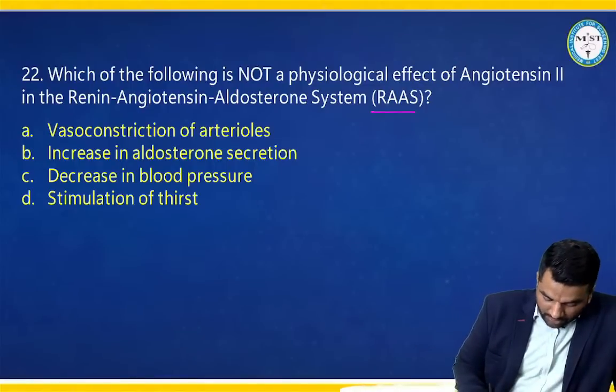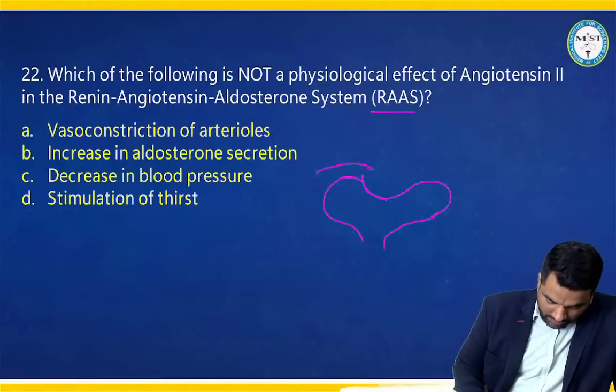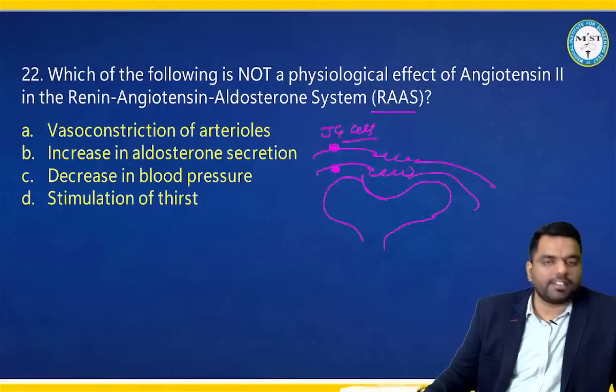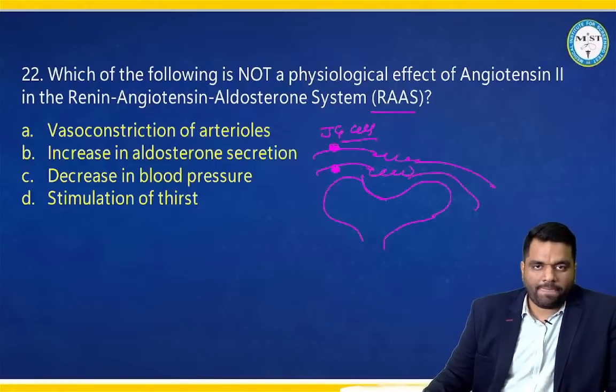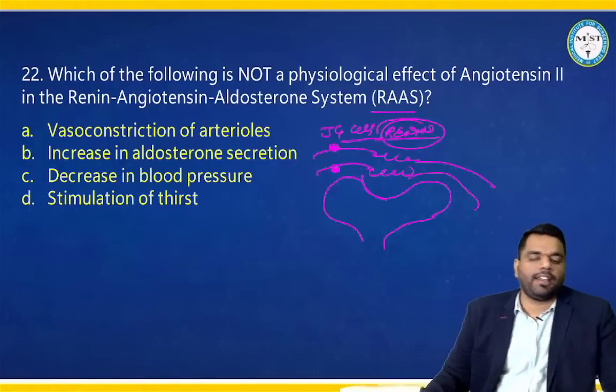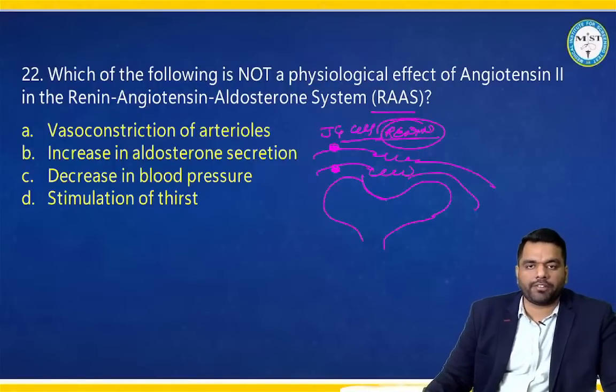I told you this was your Bowman capsule, afferent arteriole, glomerulus, efferent arteriole. Here the cell present is called the JG cell, juxtaglomerular cell. It will release which hormone? Renin, when there is less blood supply into the glomerulus, right, beta?